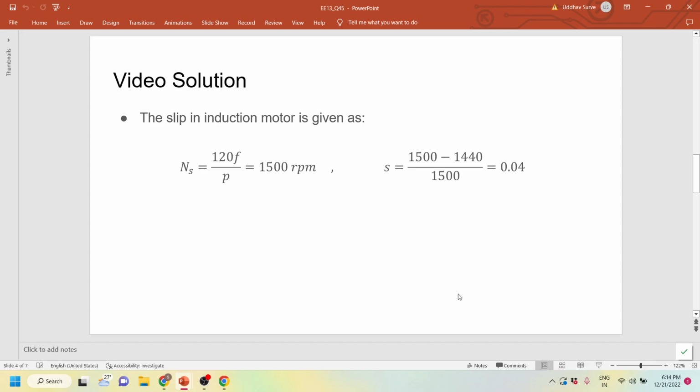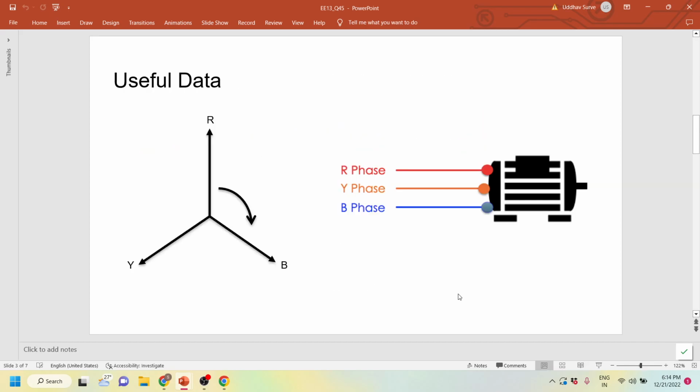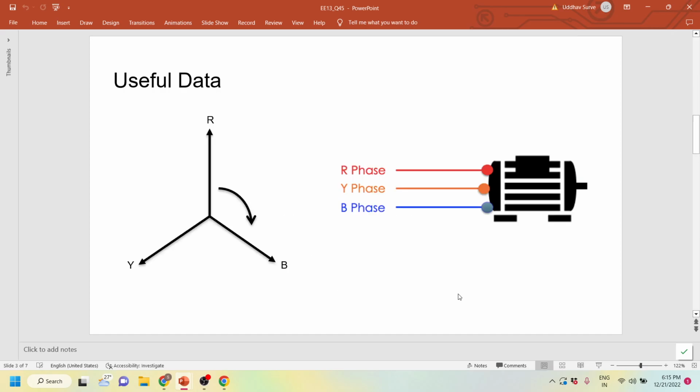Now it is said it is a slightly unbalanced system, so there is a negative sequence component in the supply. The characteristic of a negative sequence is the rotating magnetic field, and the direction of rotation is opposite. So Ns will rotate in the opposite direction of the rotor.